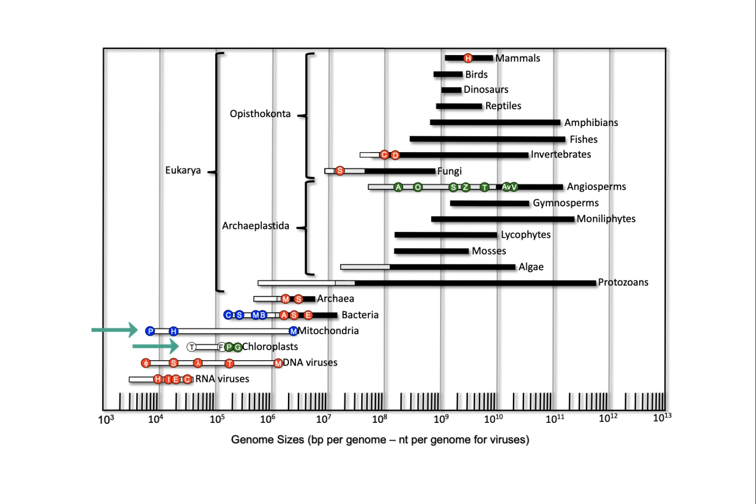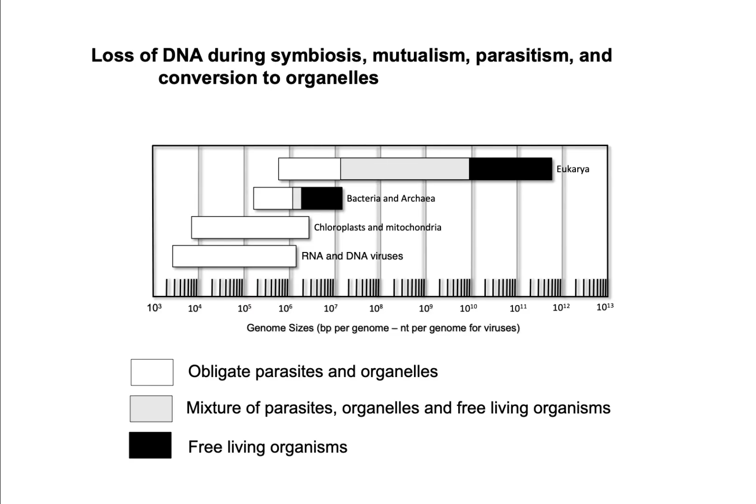The mitochondria and chloroplasts have to be inside of those cells. All of the black bars indicate genome sizes of organisms that are free-living. And then in between there's sort of a gray bar. Those include organisms, some of them are free-living and some of them require other organisms for their survival. So here it's just summarized.